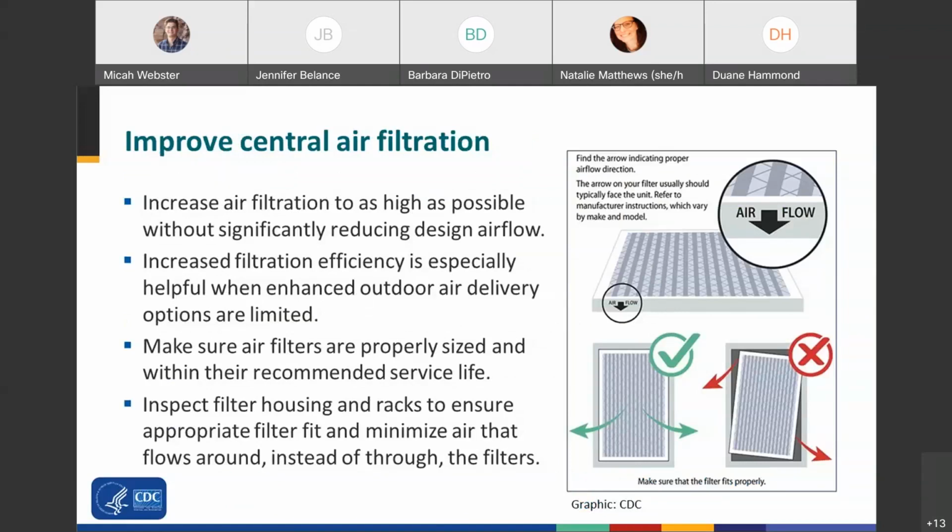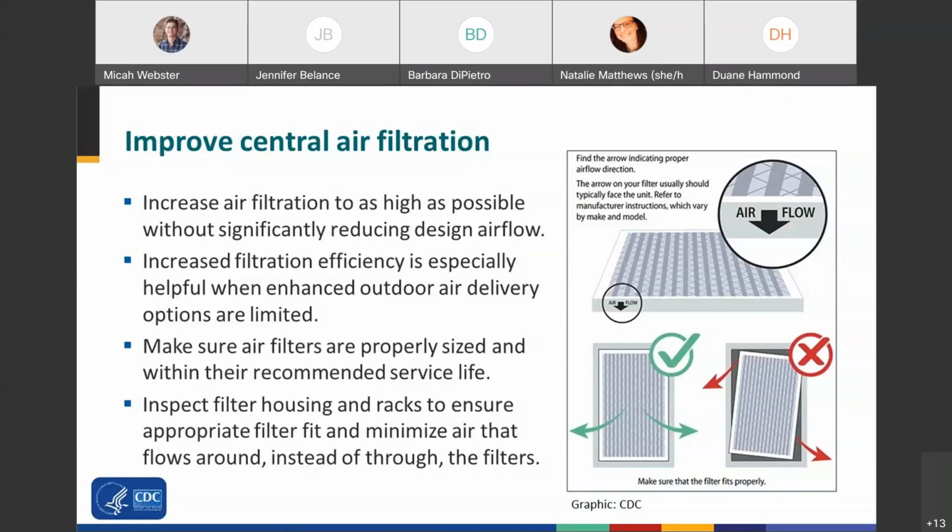Improving central air filtration. Certainly we've been to facilities where there have been missing filters or filters that don't sit well, so some of these recommendations are very important. If you're going to increase your air filtration, do it as high as possible, but without significantly reducing design airflow.